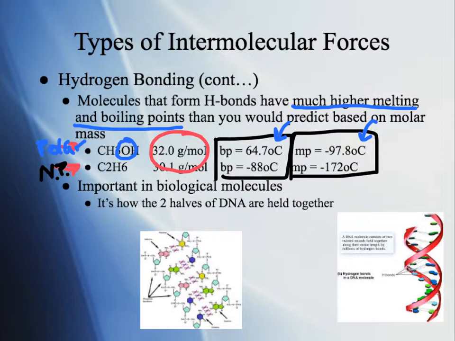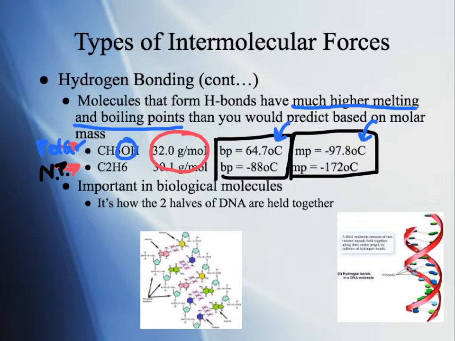However, if you have methanol, its boiling point is 64.7 degrees Celsius, which is basically just under what water boils at. Room temperature is like 20 something, so at room temperature, this is going to be a liquid. It's not going to be a gas like ethane because of those intermolecular forces and those hydrogen bonds holding the methanol molecules together as a liquid.